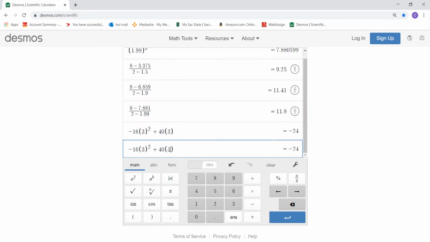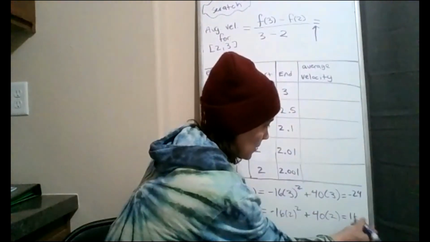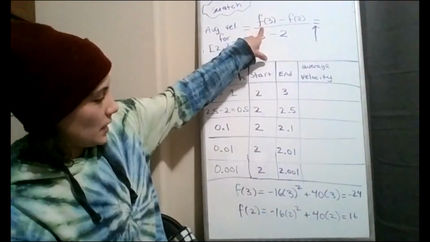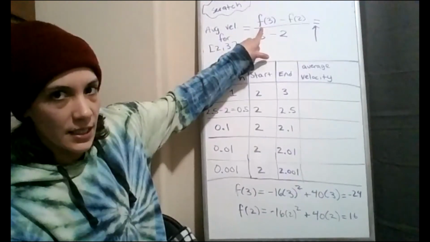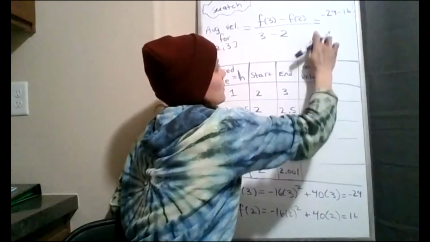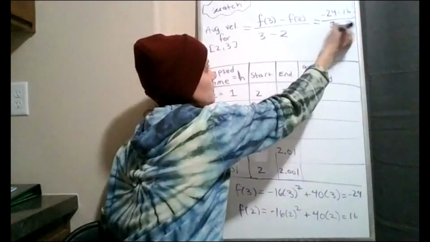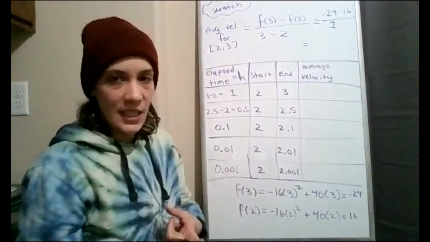Next input will be 2, and the output is 16. So we've got negative 24 minus 16, over 1. It's negative 40.